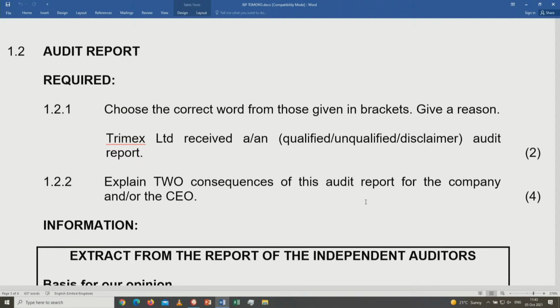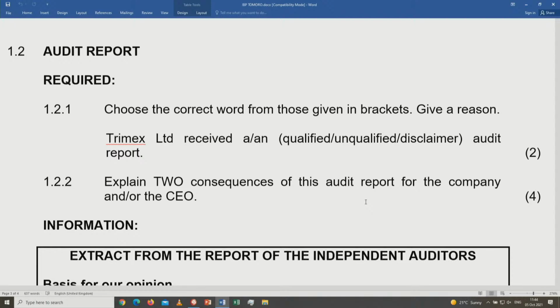So it's different from the disclaimer. Disclaimer, not at all is he or she able to express an opinion. Here, she is able to express an opinion, but with some recommendations to say on this aspect, follow-up still needs to be done. Or he or she still has to be furnished with audit evidence, right?